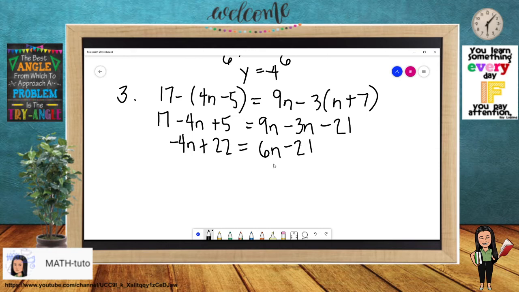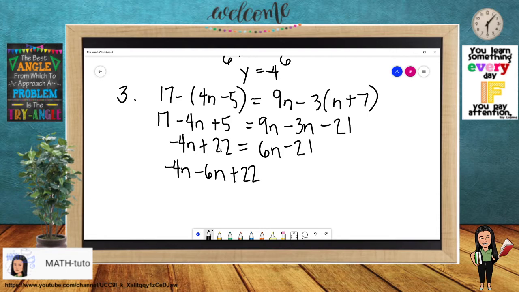Now, we put all the variables on one side and the constant on the other side. We can do it together at the same time. Since we want to put all the variables here, we add negative 6n to both sides or we subtract 6n. So, negative 4n minus 6n to remove this on this side, plus 22.